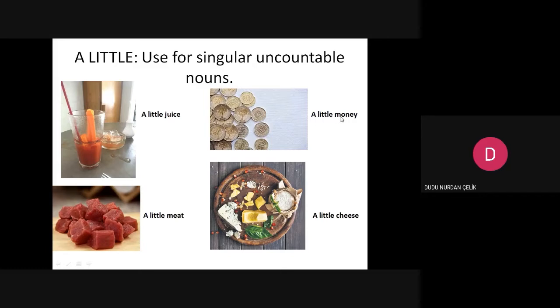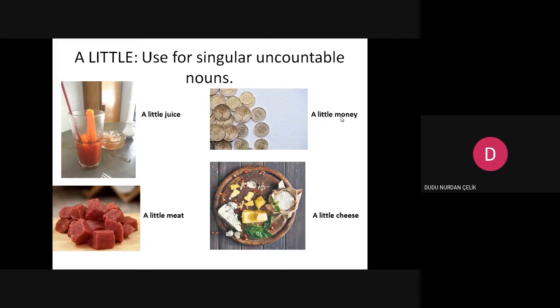Money is also uncountable. You may think that money, we can count money, 1 money, 2 money, 3 money. Have you ever heard this? No, of course not. We cannot count money, but we can count 1 lira, $5, 100 euros, but not money.